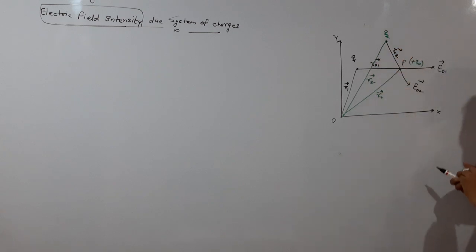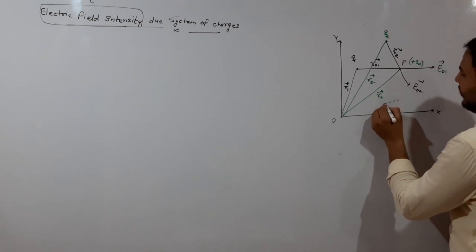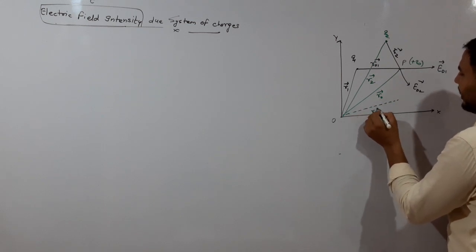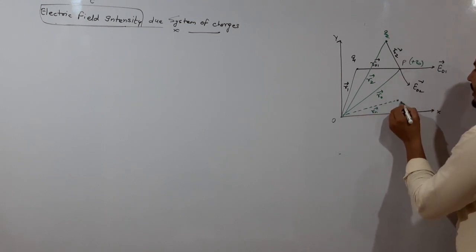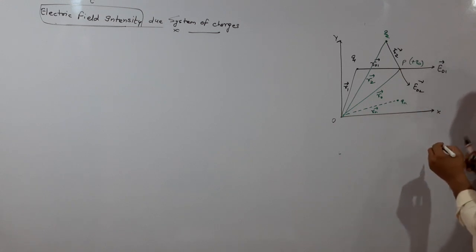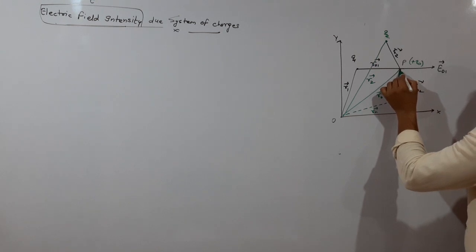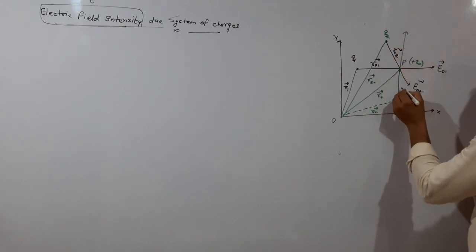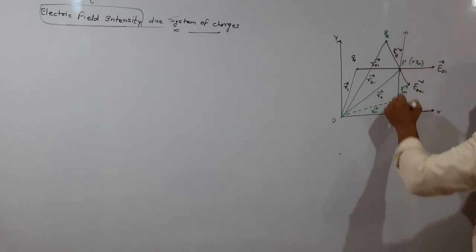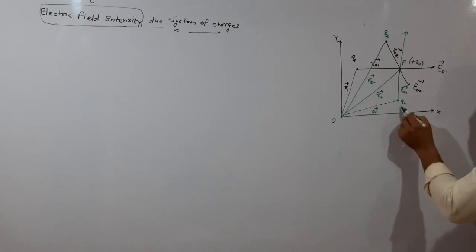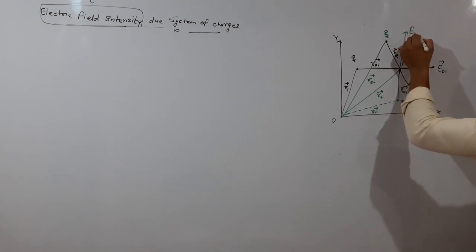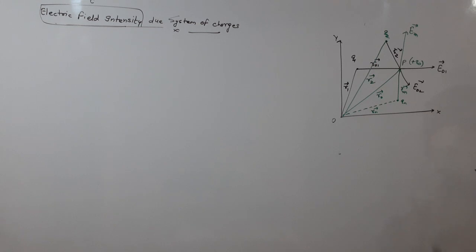We have n charges, then rn vector, here Qn charge, then the displacement vector between plus Q naught and Qn is r naught n, and the electric field due to Qn charge is E naught n vector. Clear?